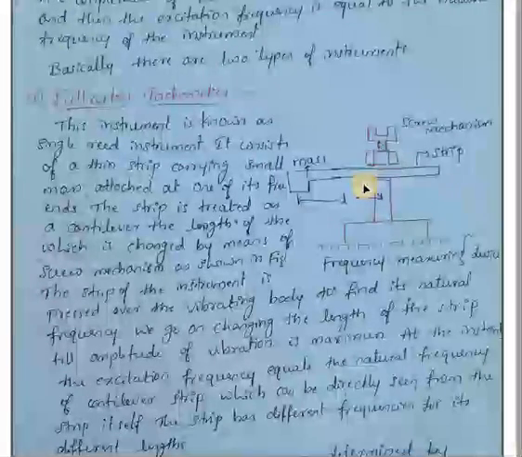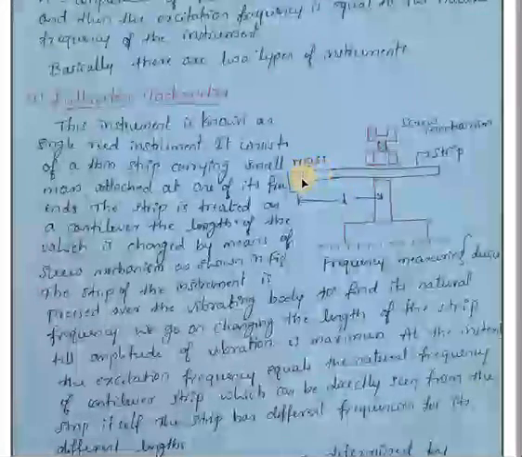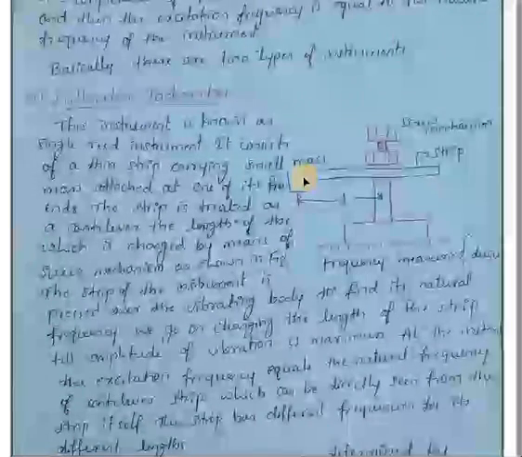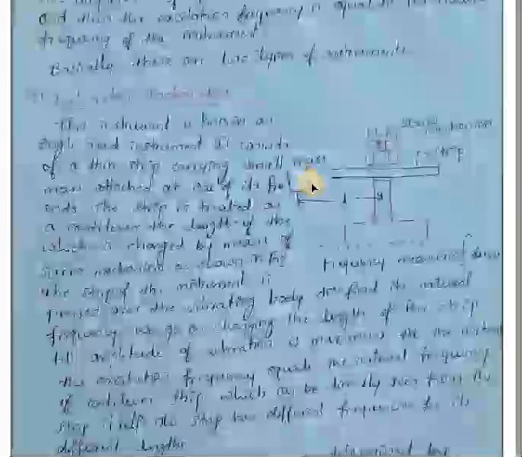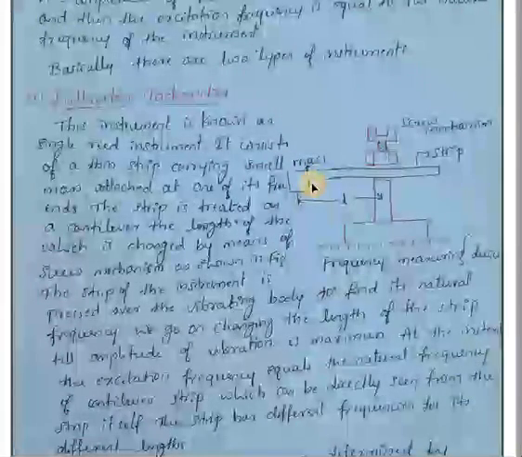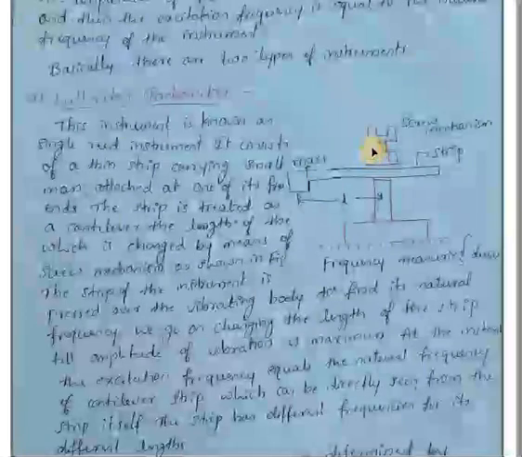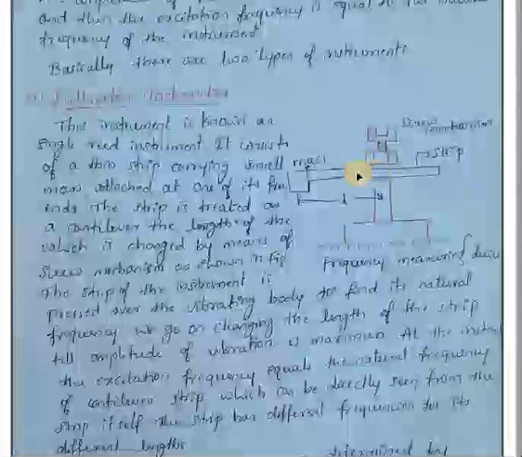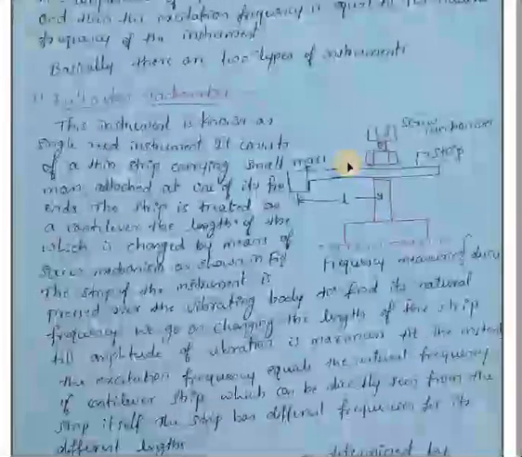The strip is treated as a cantilever beam. So this is the attached mass. The length of the cantilever strip is changed by means of a screw mechanism. By using this mechanism, you can change the length of this strip.